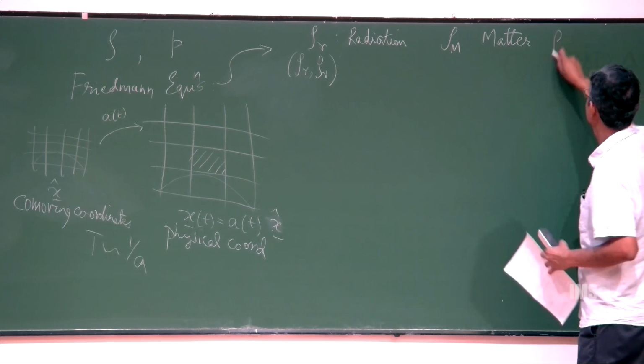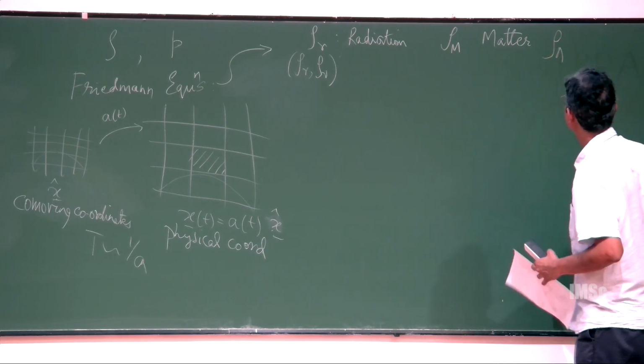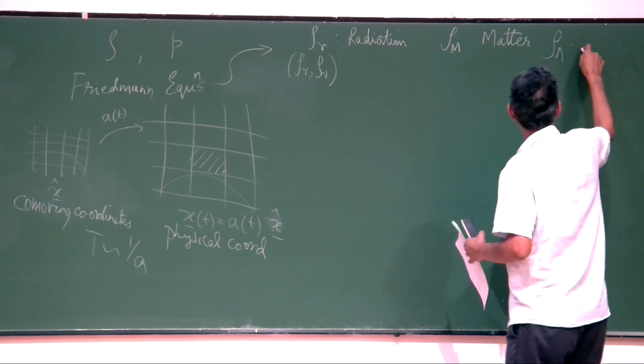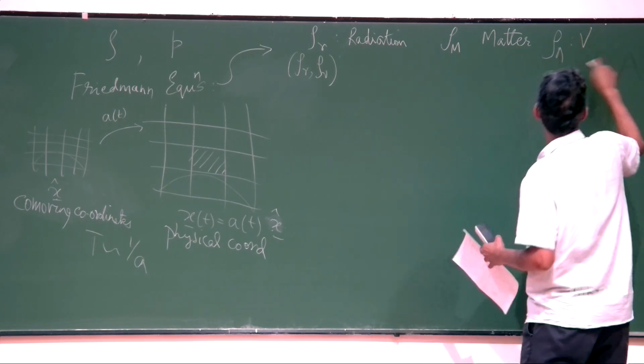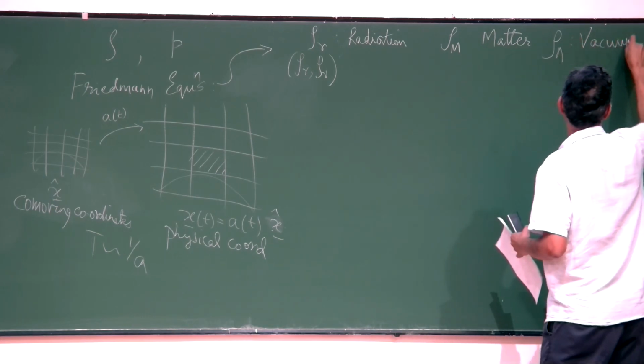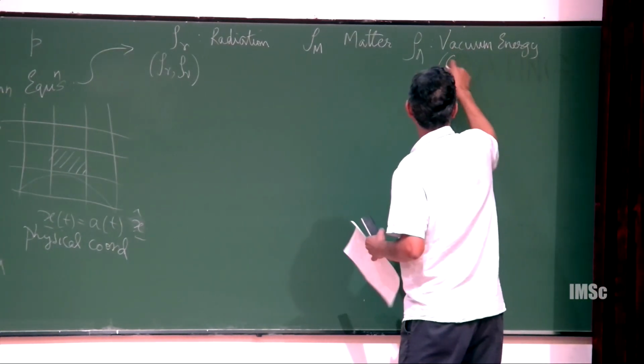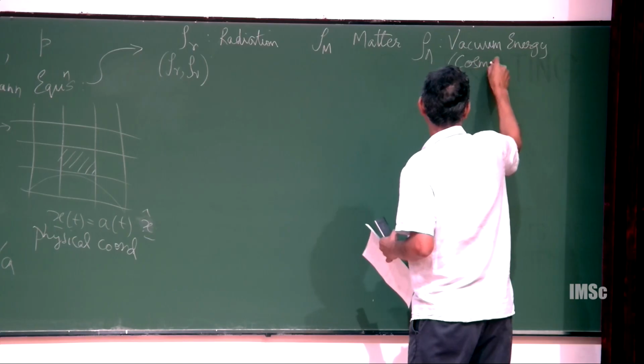So there is vacuum energy. That is something that we can look at, a constant energy filling space-time that never redshifts. So this is vacuum energy, which is also called a cosmological constant.